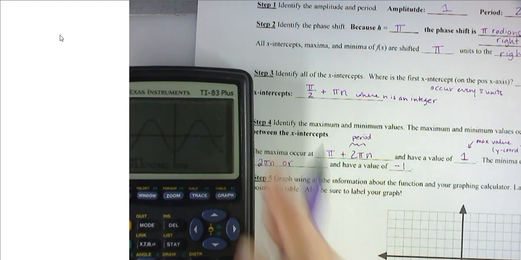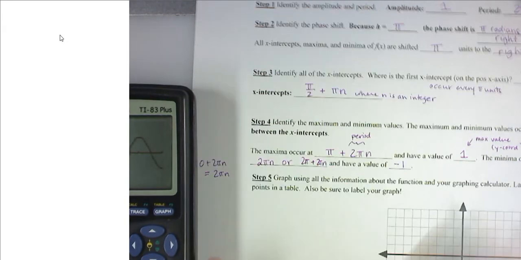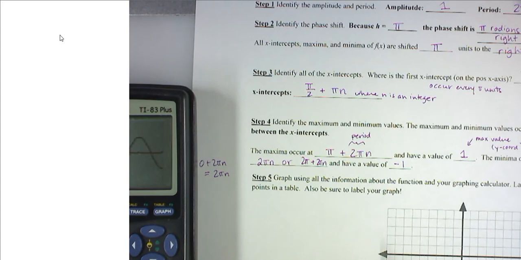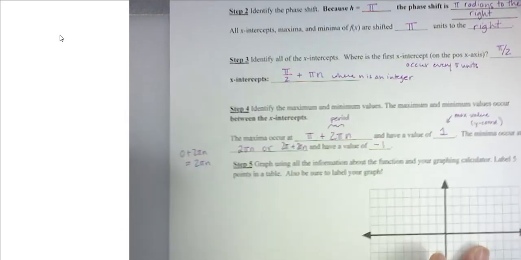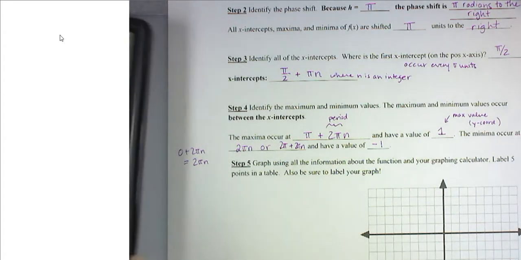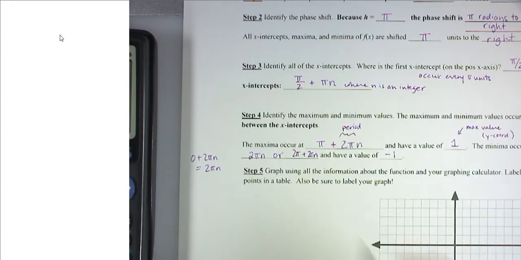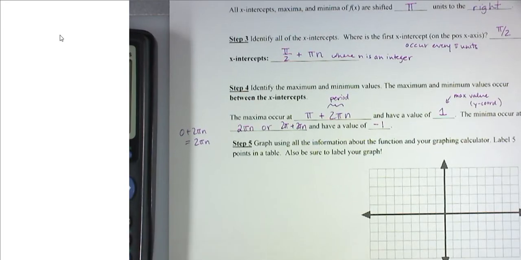So it says graph using all the information about the function and your graphing calculator. Label the 5 points in the table, and then also be sure to label your graph. You can go ahead and you can use your table like I showed you in the original for how you can get your points with your table set. So this is 0, pi over 2, pi, so on and so forth.